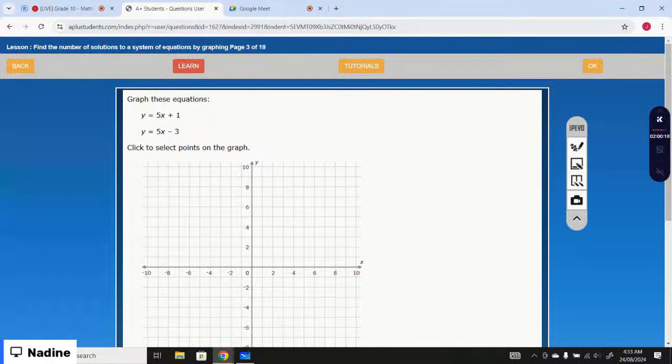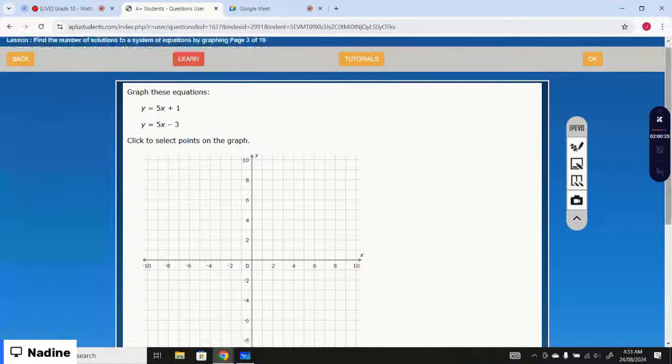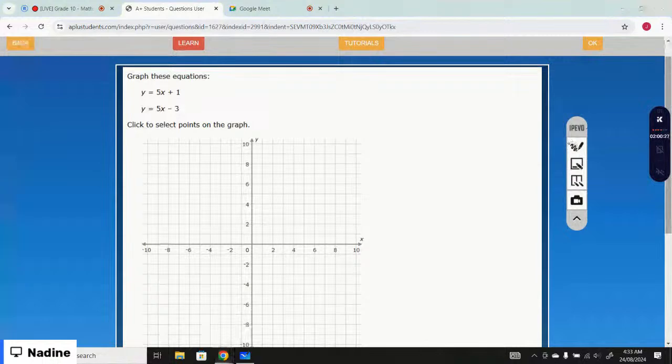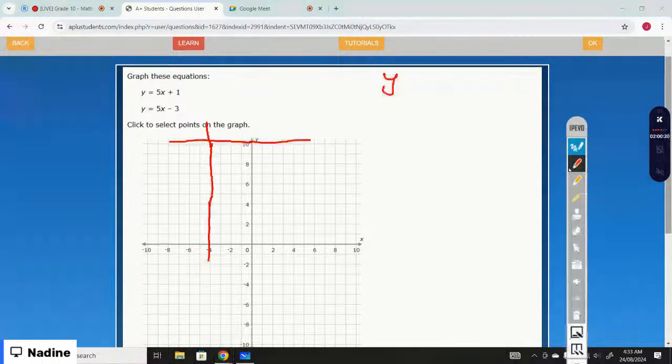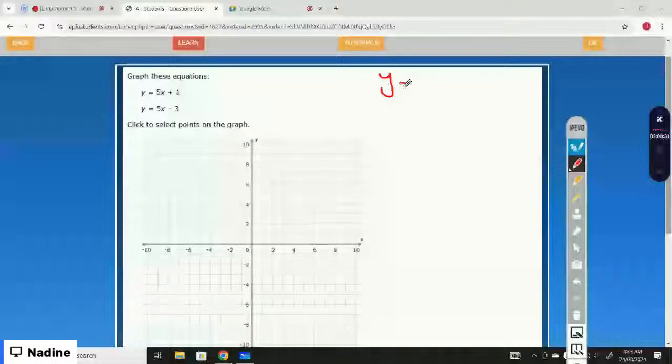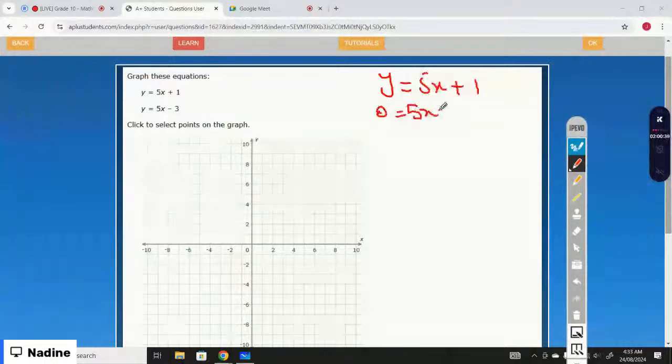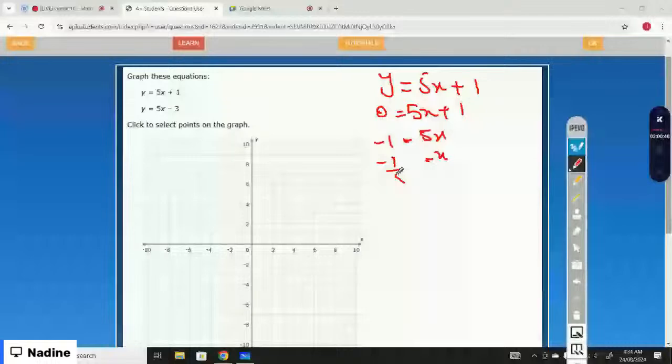So graph these equations, y equals 5x plus 1 and y equals 5x minus 3, right? Let me explain how we make a graph for this. To start with the first equation, y equals 5x plus 1, we have to calculate the x-intercept and the y-intercept. For the x-intercept, you need to put y equals 0. That is 5x plus 1, so 5x equals negative 1 and x equals negative 1 over 5, right? So x is negative 1 by 5, y is 0.